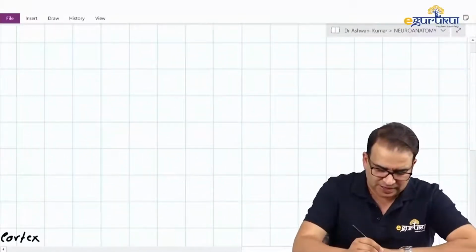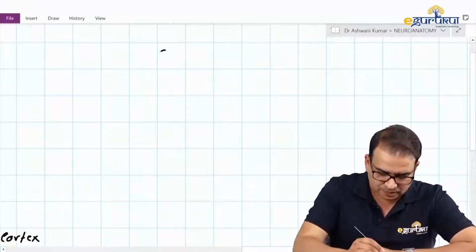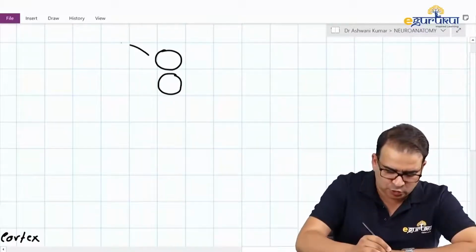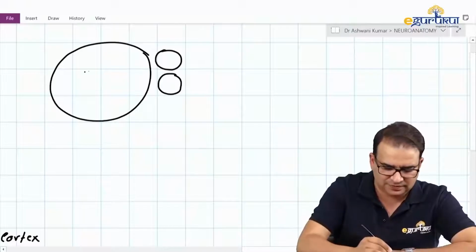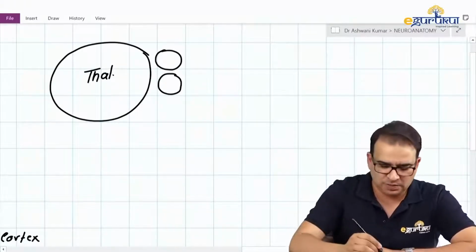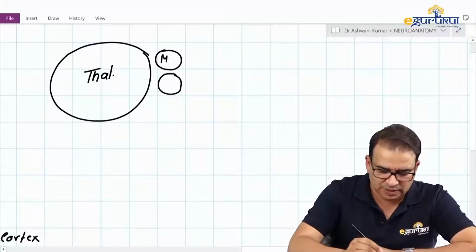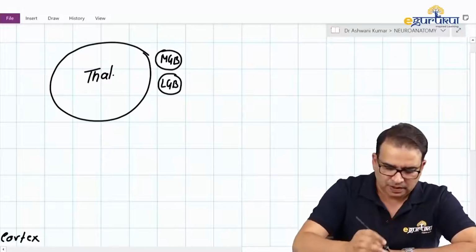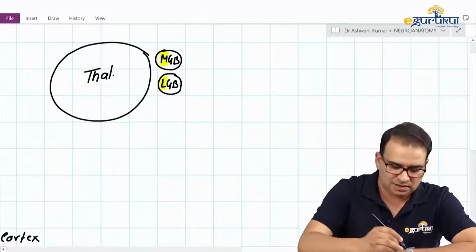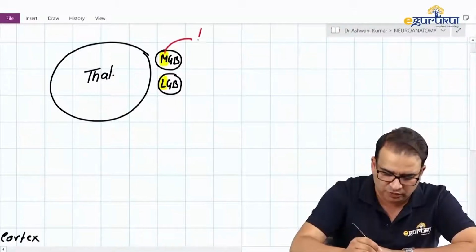Let's say if I write like this, these are the two geniculate bodies. You will see the two geniculate bodies present behind the thalamus, guys. We will discuss it later, but let's say this is the thalamus. Behind the thalamus, we will be looking at the medial geniculate body, and there will be a lateral geniculate body. Now, when you look at medial and lateral, just think of M and L. M for medial geniculate, and M will remind you of music.